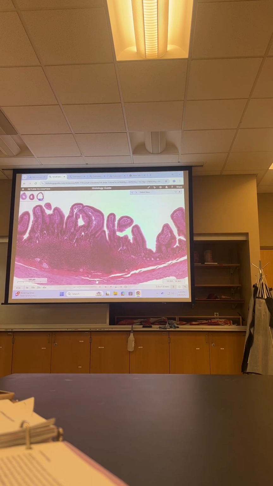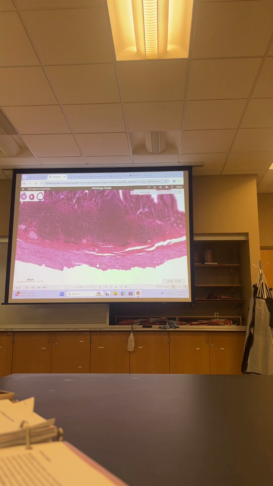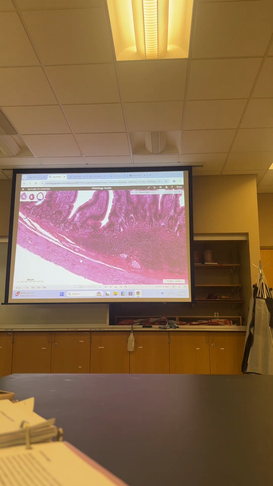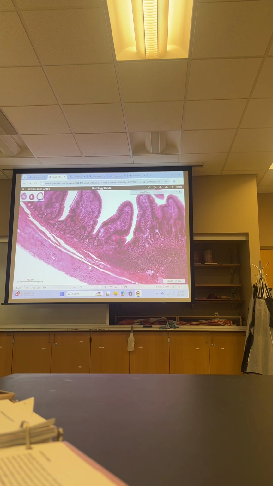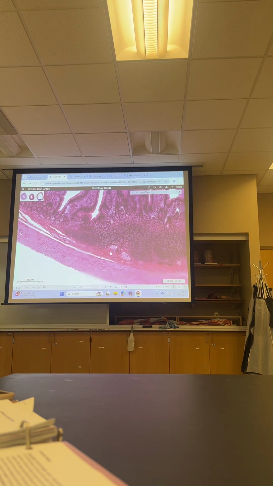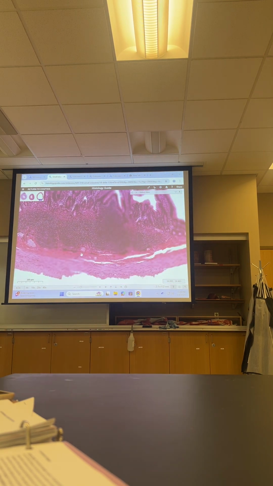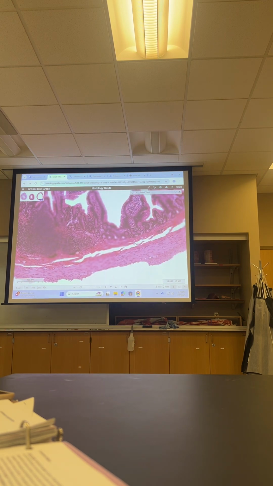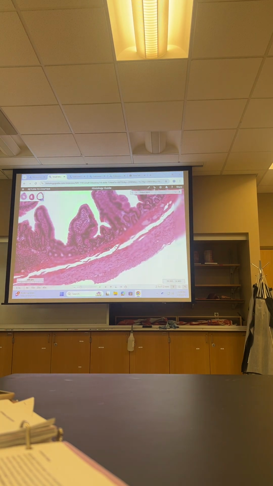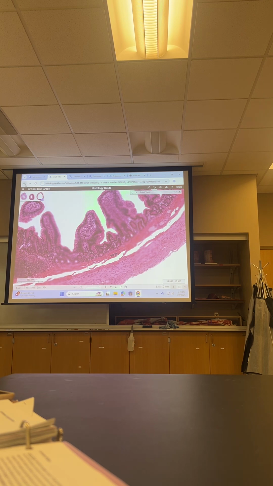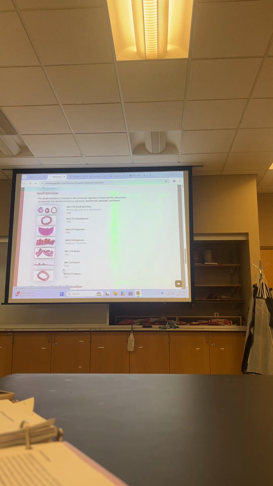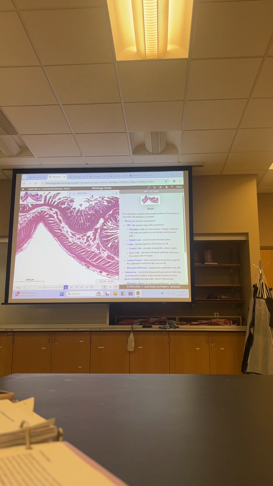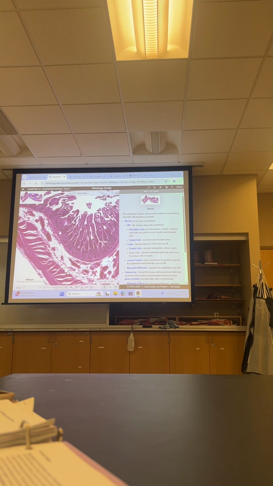And then we still have the layer of, slide's not great when I'm trying to show it, but it's better in this one. So then we have the muscularis mucosa right here.